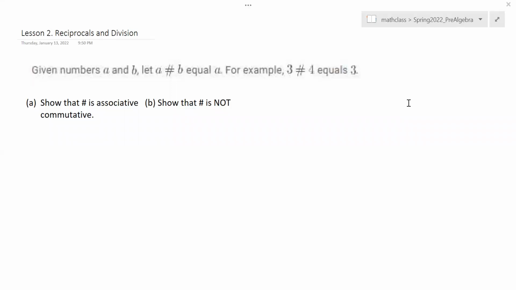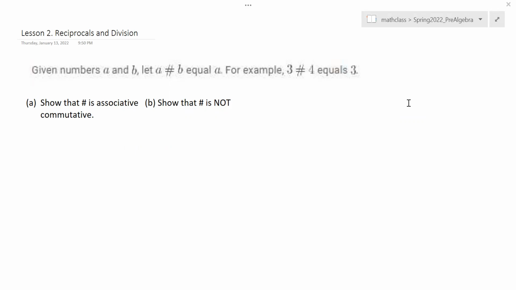But there are some problems you need to prove. You usually never did this kind of problem in elementary school, but in middle school and high school, you will see some problems where you have to give a proof. So I'm going to discuss a couple of problems from the homework, how to prove some statements.